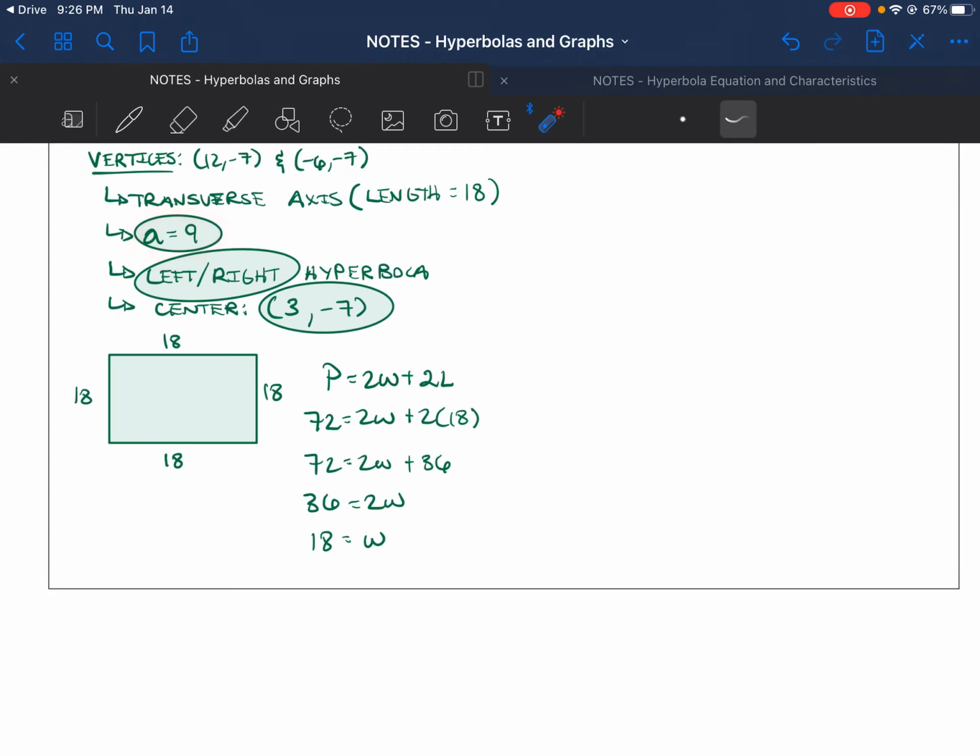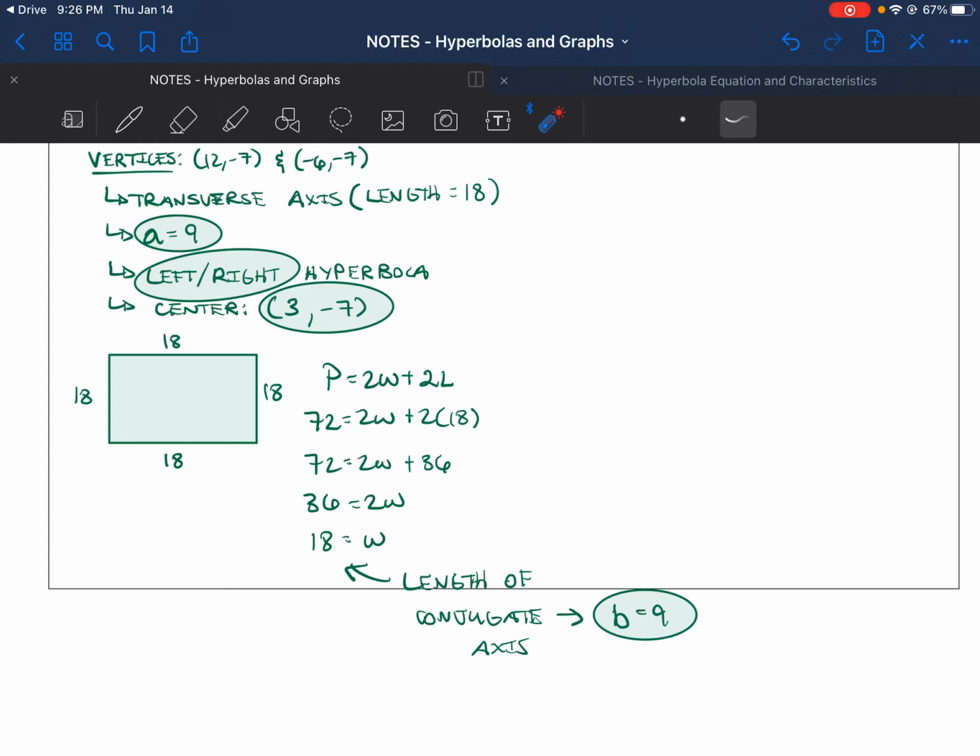Well, we already know the A term is 9, so the center to a covertex is going to be 9 as well, because we cut this width in half. All right. So again, this 18, that's the length of the conjugate axis. Go ahead and write that down. And we know that taking half of the length of the conjugate axis means that our b term is 9.